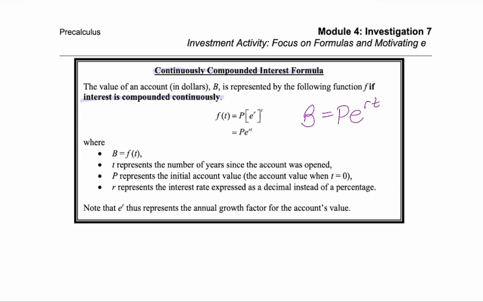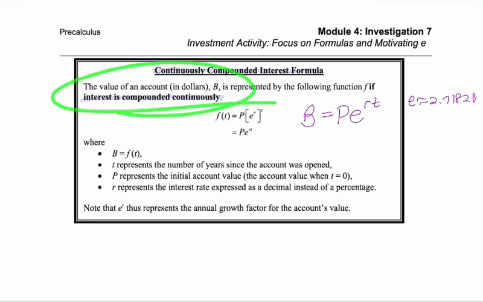I don't know if there still is, but it's a silly way for us to remember that if our function is gaining interest every single second and every single millisecond, you end up getting this irrational number E, that 2.71828 number come up. Remember, E is approximately 2.71828. That number pops into the equation, just like pi sometimes pops into things. E will pop into things, but you only ever use this formula if they say compounded continuously.